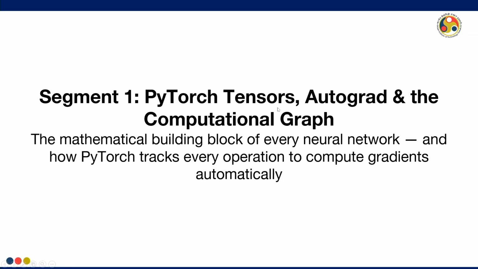So, in segment 1, we will focus mostly on PyTorch tensors, autograd and the computational graph. In the previous lectures, you have already seen applications, how to implement or deploy the workflow in a containerized application and so on.